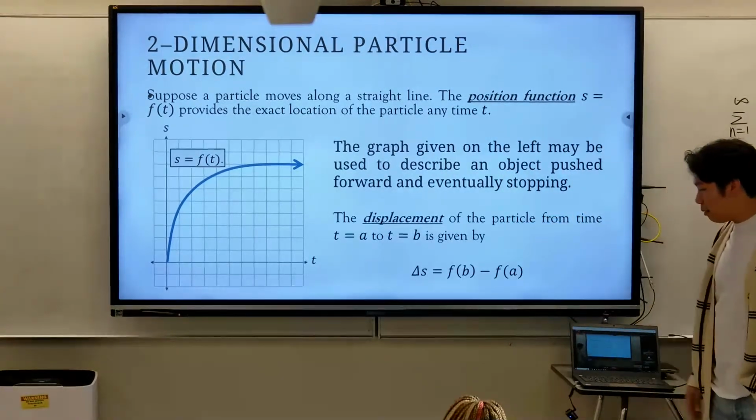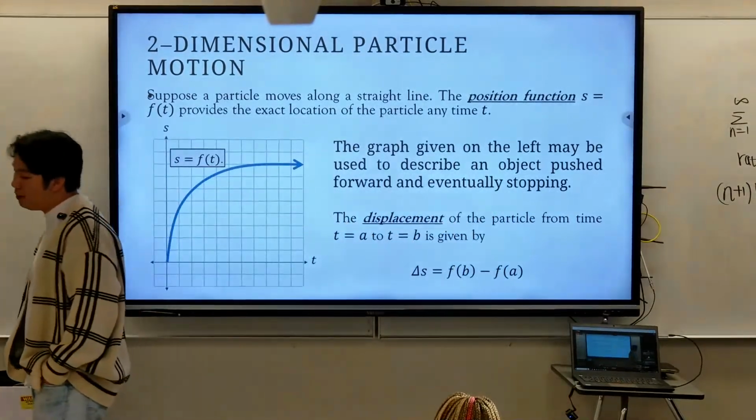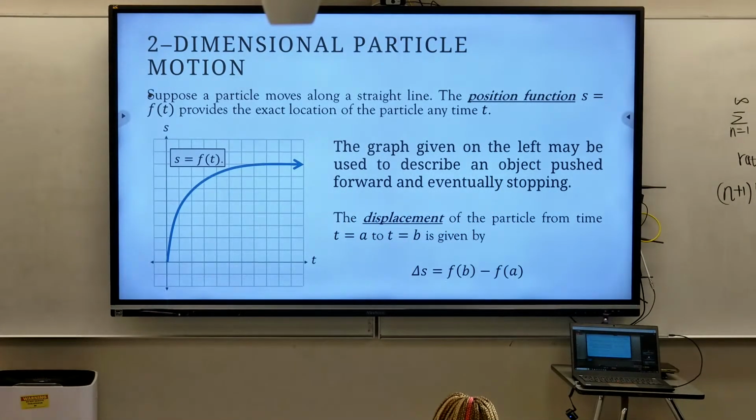Let's talk about displacement. Displacement of a particle refers to my net change, if you want to think about it this way. Where did I start and where did I end? So displacement of a particle from time A to time B is given by delta S, and this triangle is a capital delta, equal to my final location minus my initial location.